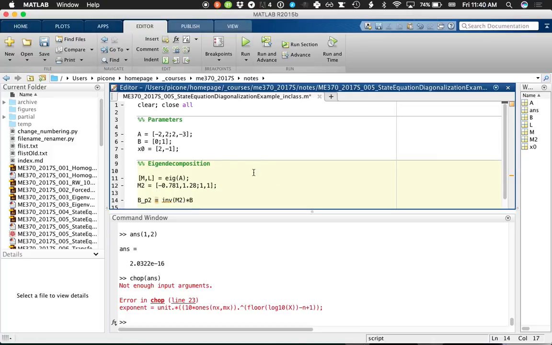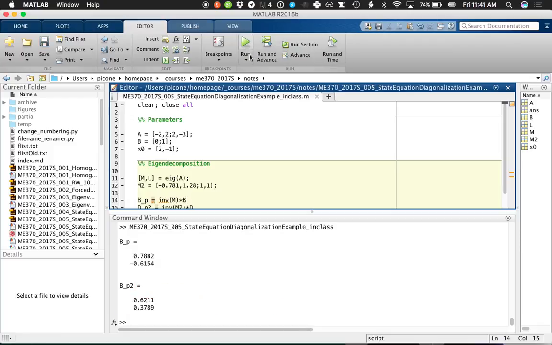We'll also compute the B prime for the eigen decomposition that Matlab got using a different scaling, which is totally valid. So we'll do inverse of M times B. And we're going to see something that we should pay attention to here.